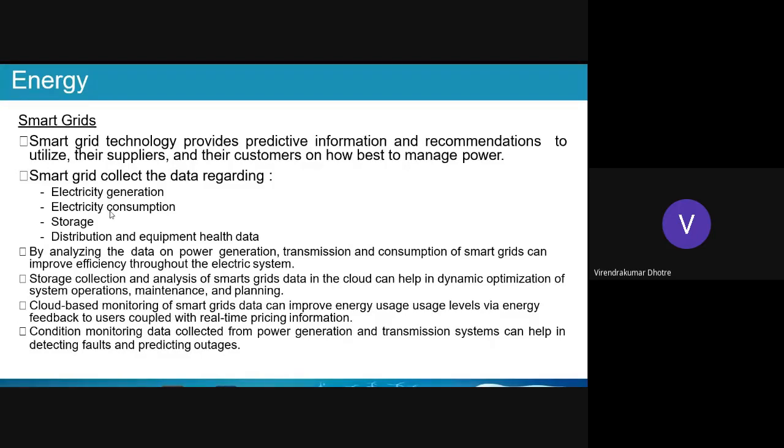So they can plan in such a way, and if more power is generated, it can be stored, which is used later on whenever there is a requirement. So such a smart grid collects all this information, analyzes this data, and based on that they come up with the decision and inform the power generation department to generate power accordingly.